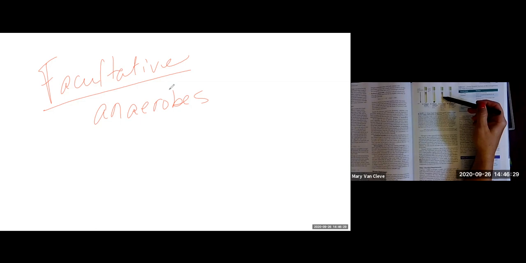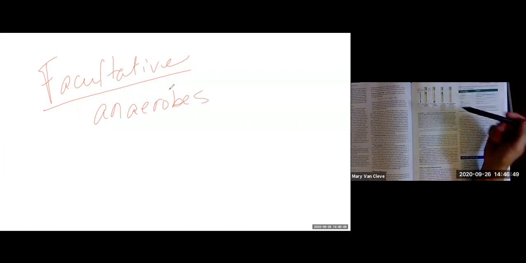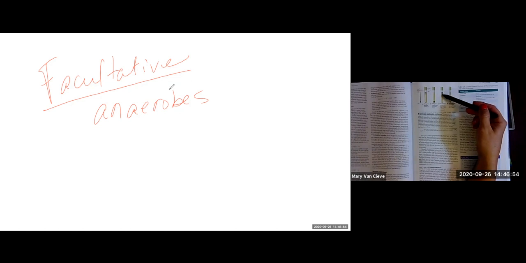You'll notice in the absence of oxygen, there's fewer microbes. Why? Because they're not able to grow and reproduce as quickly and efficiently in the absence of oxygen. So they can live using aerobic and anaerobic respiration. However, they're going to prefer the oxygenated environment. So you'll see heavier growth at the top and still some growing toward the bottom. Very common thing for a lot of bacterium to do.